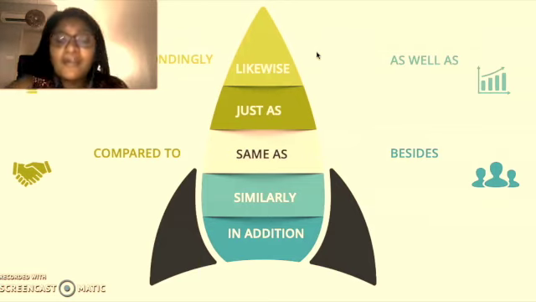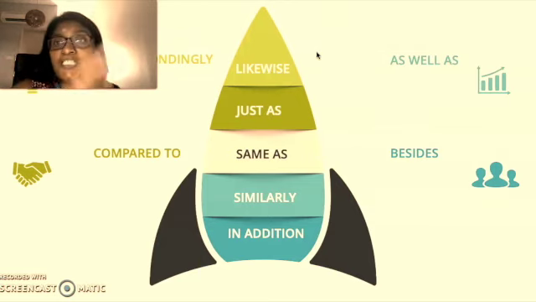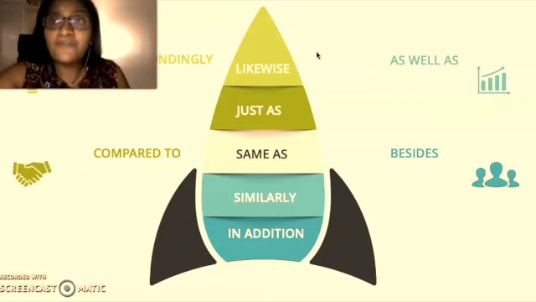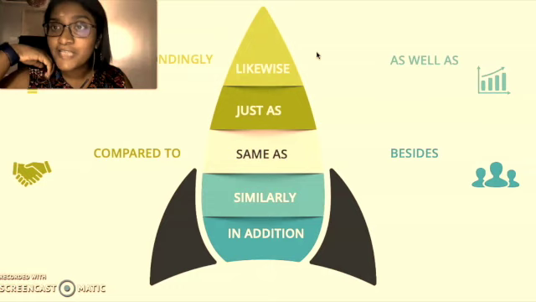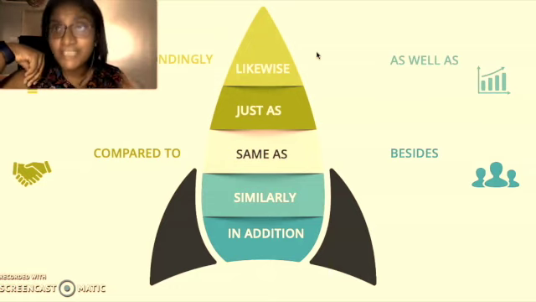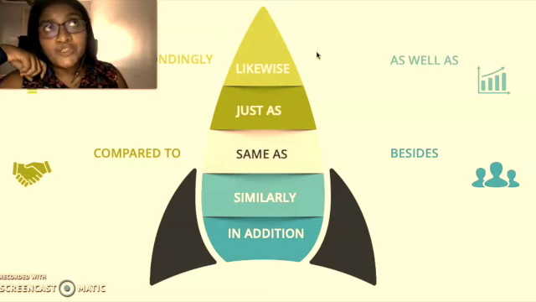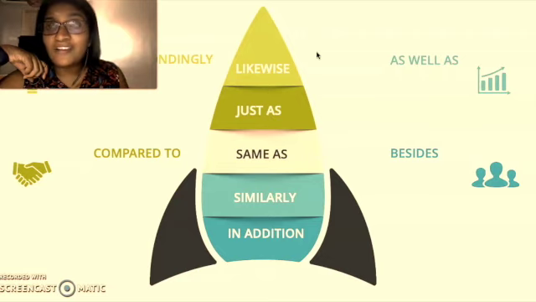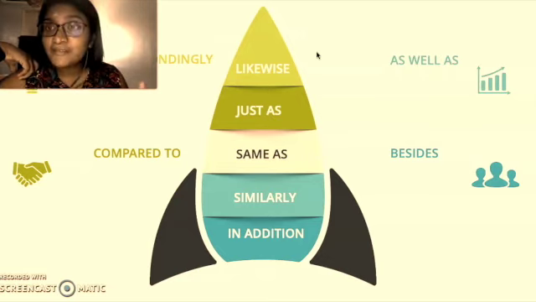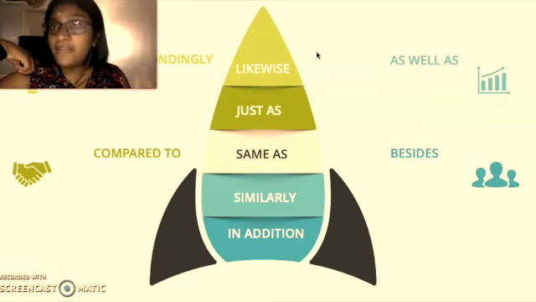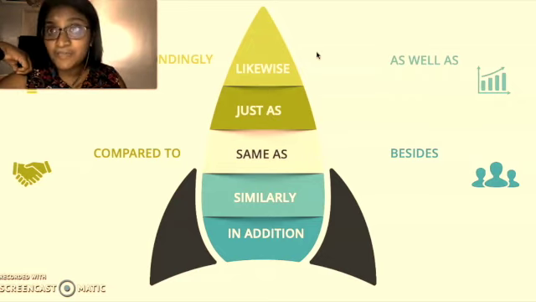Okay, and one particular tool of language that would be very useful when we are dealing with our compare and contrast essay would be the usage of connectors. All right, when we want to talk about ideas that are similar, we will use connectors that are meant for explanation of similarity.